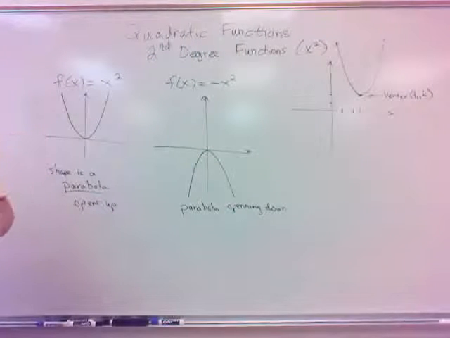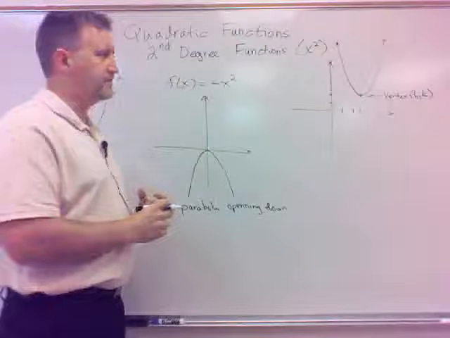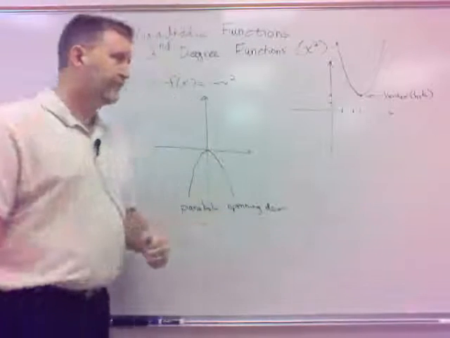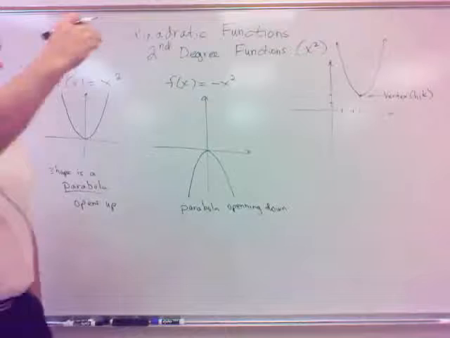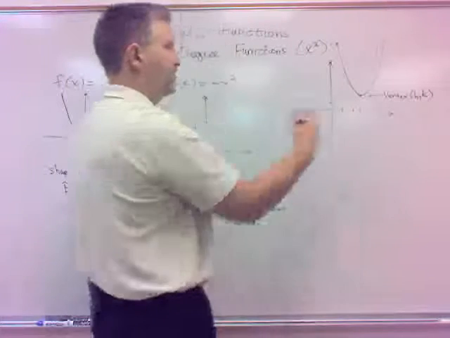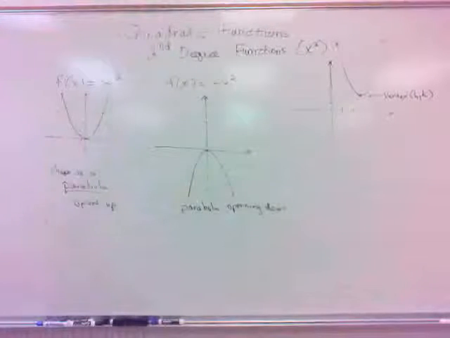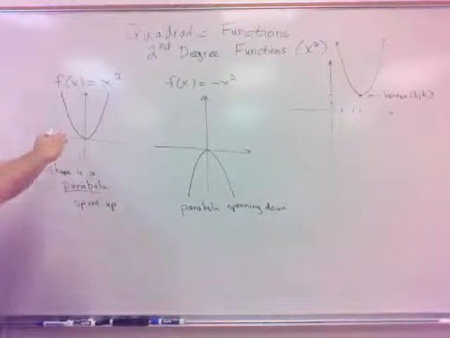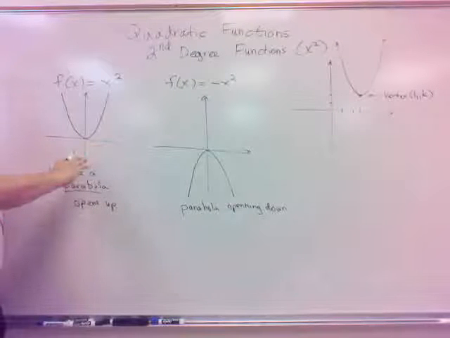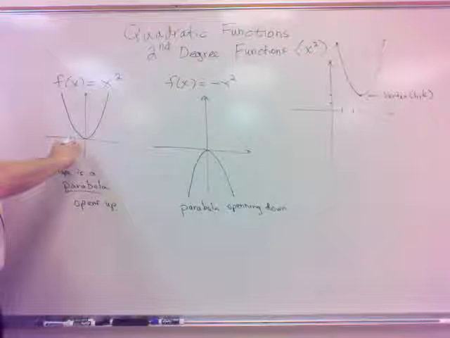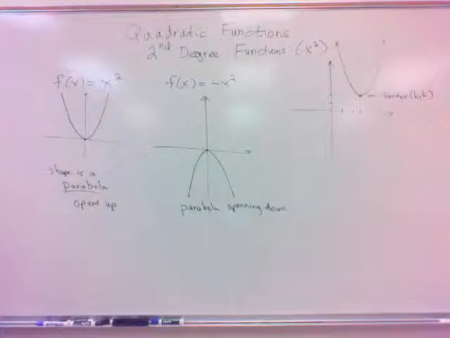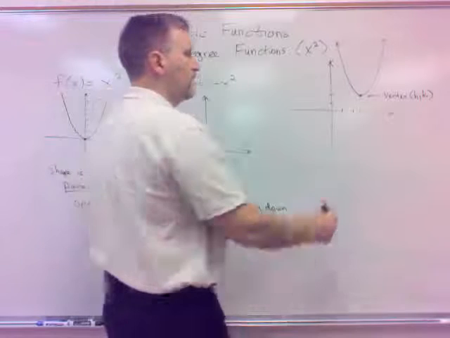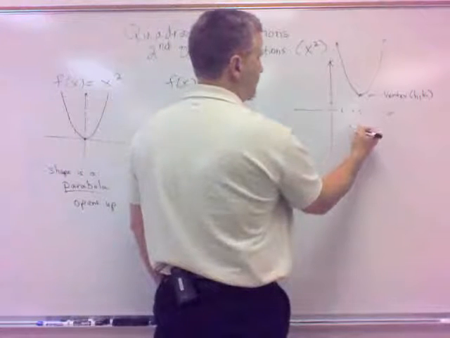It's just to tell you that in general, the vertex is labeled h, k, and all parabolas will have one of those, whether it's the low point or the high point, but every parabola has one. Now, what's the vertex on these? 0, 0, isn't it? 0, 0 is the vertex on both of those, but if they're shifted off of the origin there, we'll talk about that.